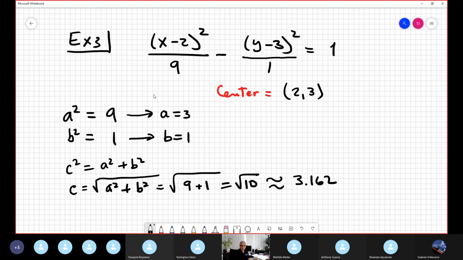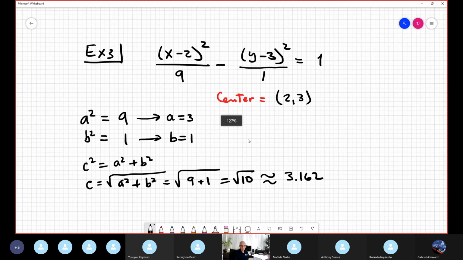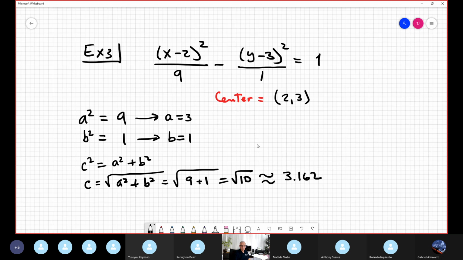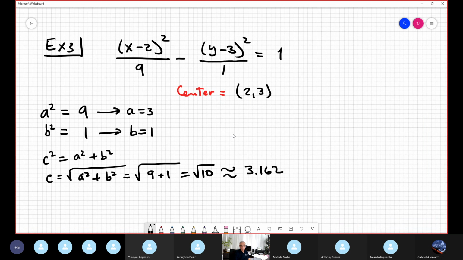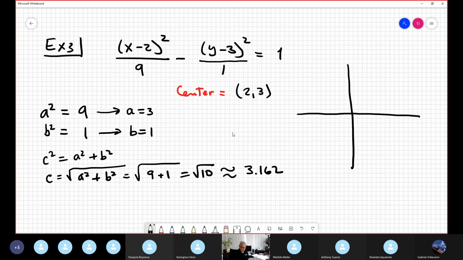Okay. So identification done, let me try to do a rough sketch. Not completely, because it's very complicated, but approximately. Okay, I know that my hyperbola is horizontal, right? Yes.